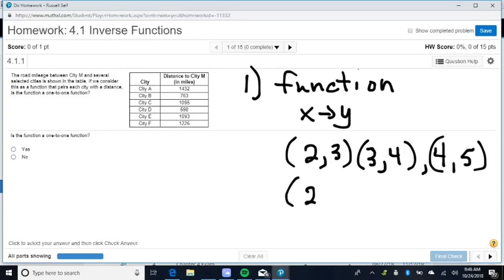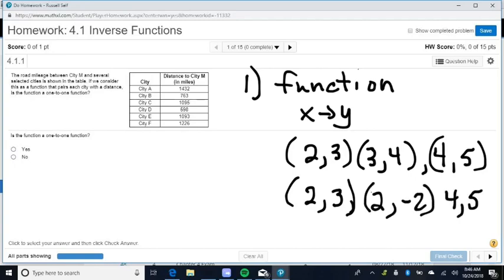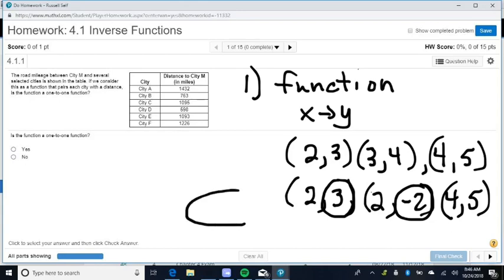We have the function 2, 3, 2, -2, 4, 5. To see that in this case 2 is leading to 3 and 2 is also leading to -2, and that can't happen. What that's telling you is that you're getting a graph that opens something like this.